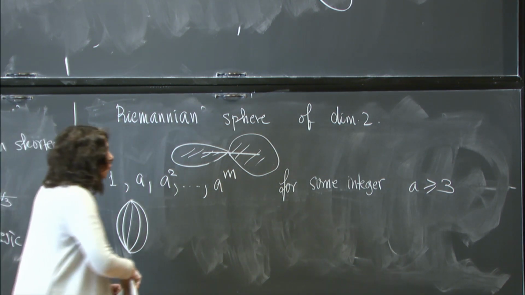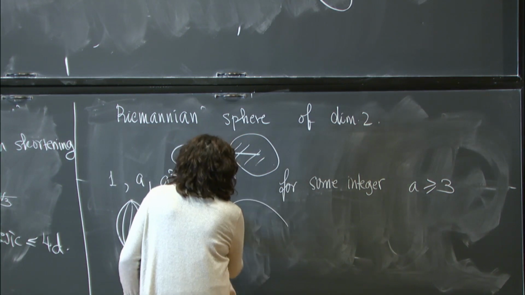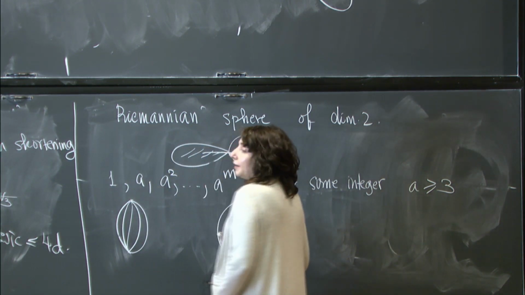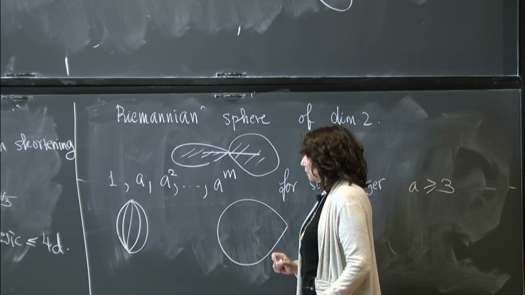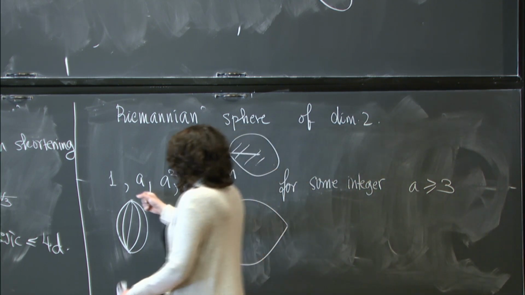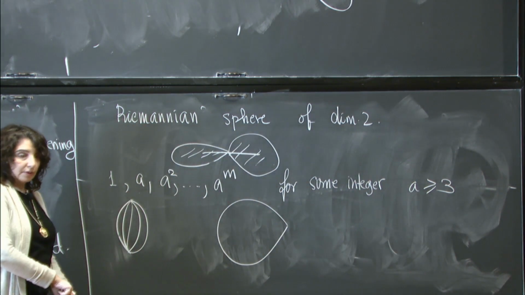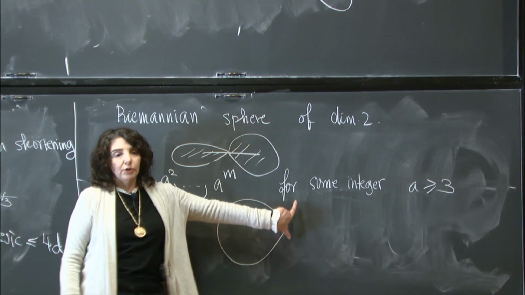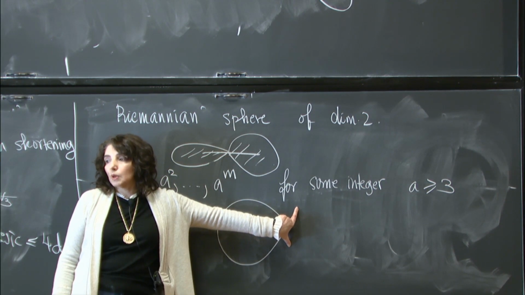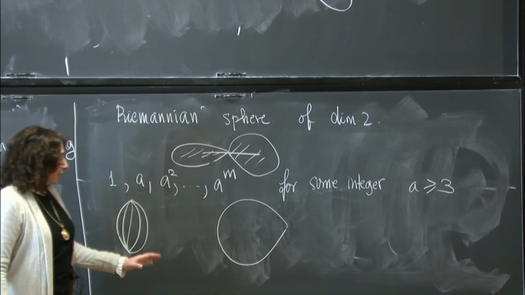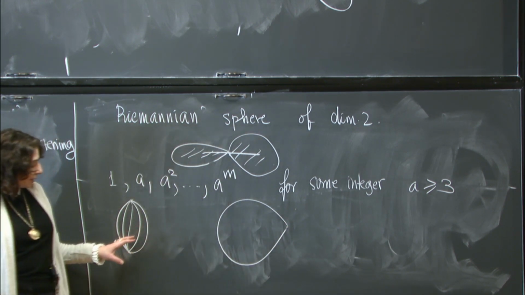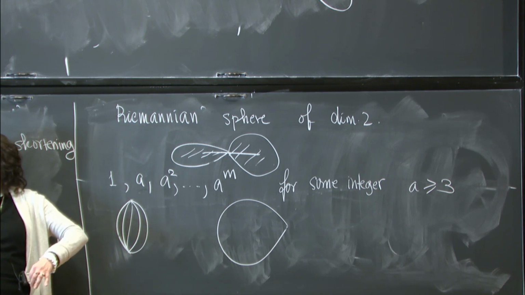I mean, it will also force one of the loops to become rather wide. In fact, the bigger the a I choose here, the closer this angle is going to become to pi. So I can obtain a bunch of those wide loops that I can make arbitrarily close to pi.